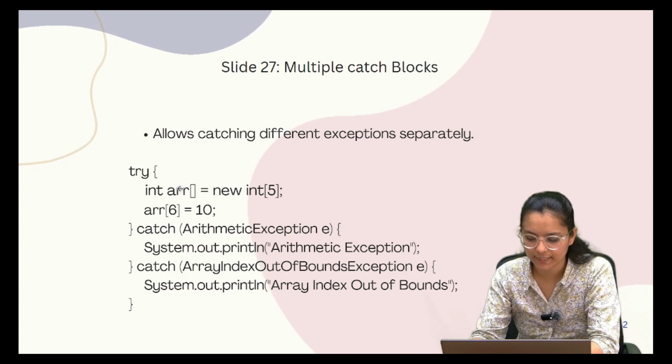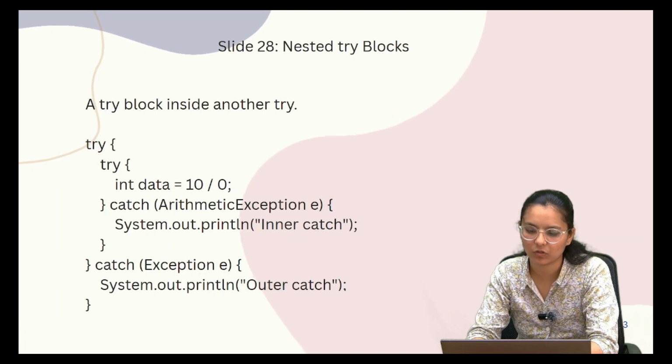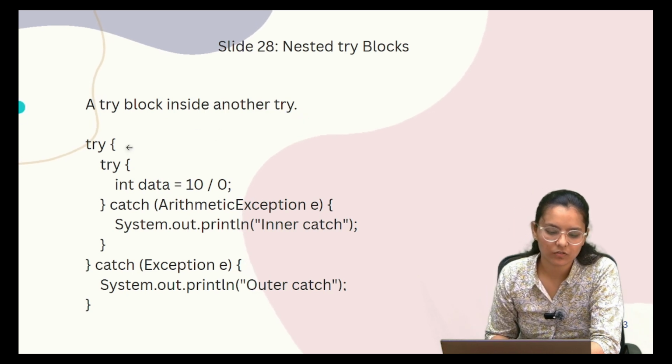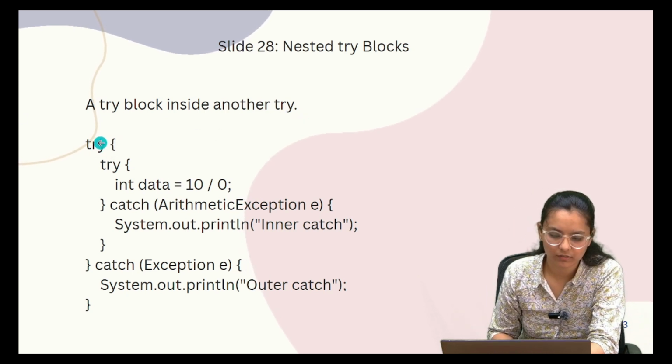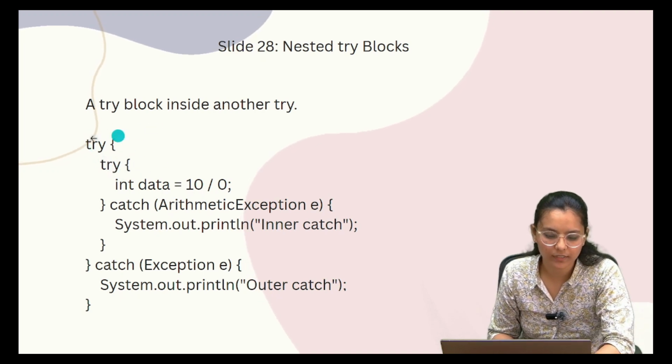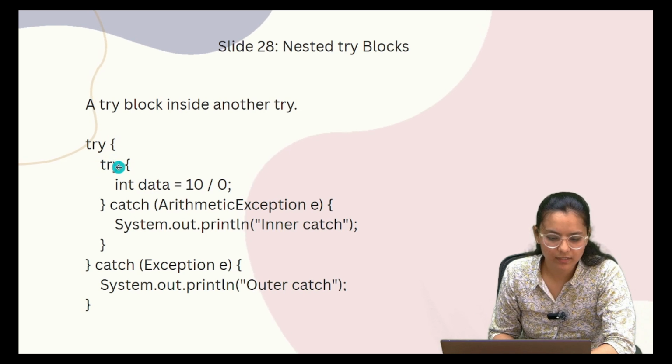Next one is the nested try block. A nested try block means a try block inside another try block. Here is one try block having another try block inside it: this is the outer try block and this is the inner try block.